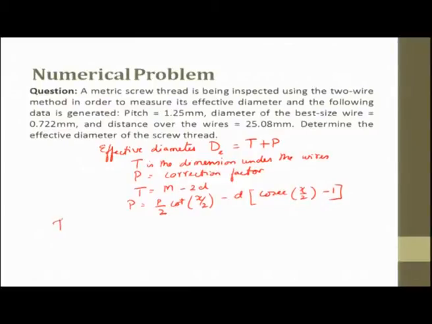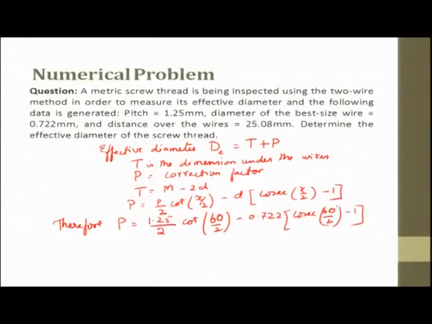Therefore, when you put in all the values, P equals 1.25 divided by 2 cot 60 by 2 minus D, which is 0.722, cosecant 60 by 2, because it is metric, minus 1. This is nothing but 0.3605 millimeter.